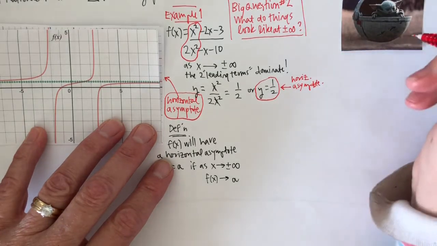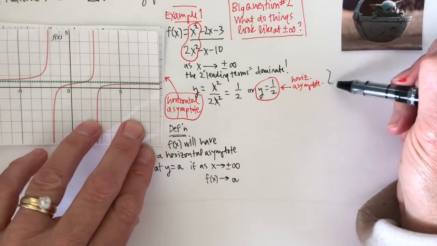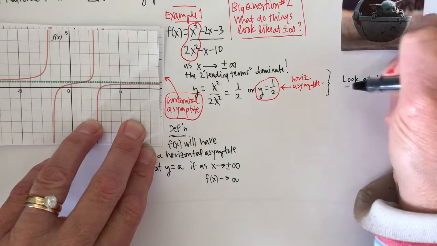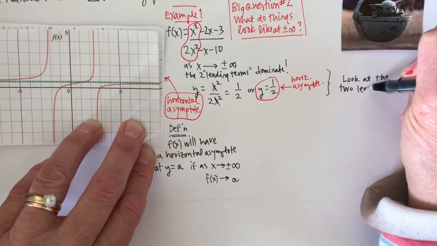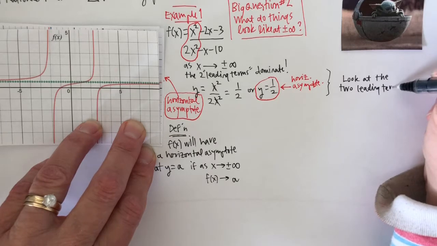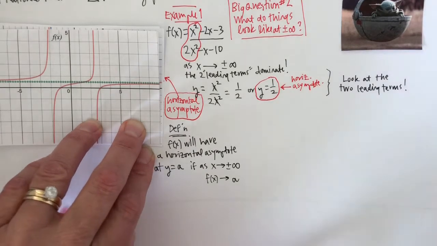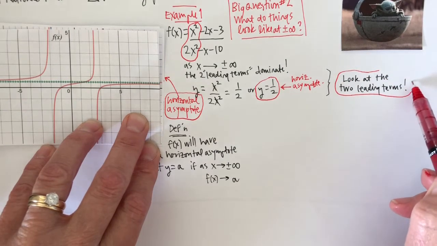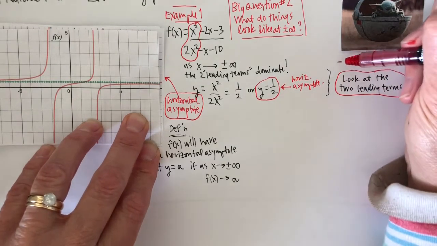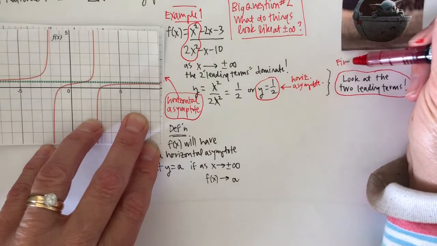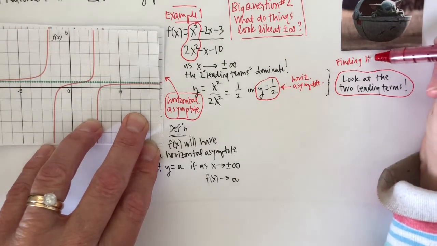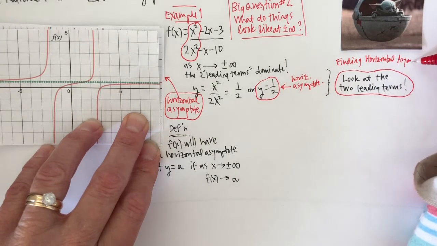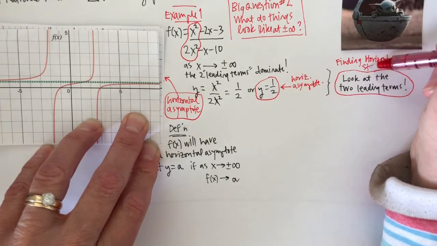Okay, this is the strategy. To find a horizontal asymptote for a rational function, you look at the two leading terms. And how that ratio behaves is how the function will behave as it goes out to positive and negative infinity. So this is our finding horizontal asymptotes strategy.